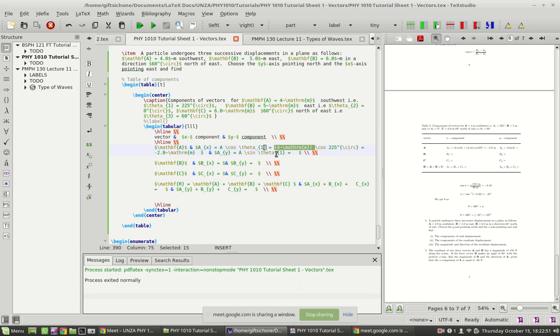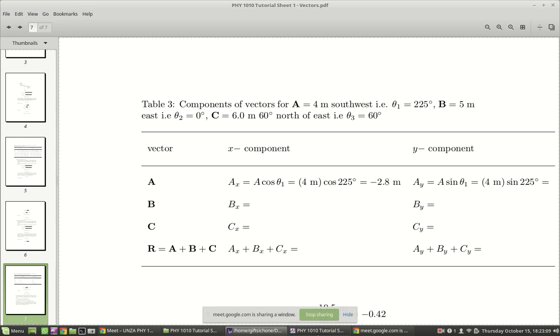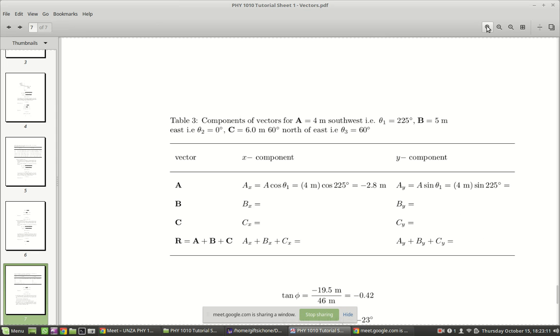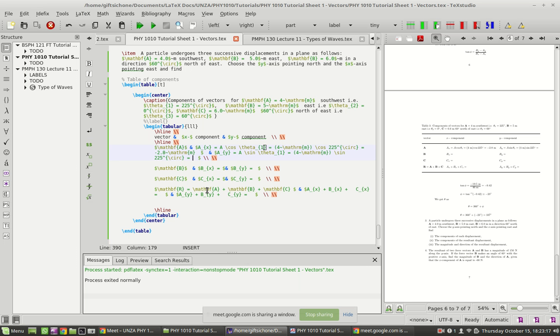And the angle it makes with the positive x-axis is how much? 225. And how much do you get for 4 meters times sine 225? Negative 2.8 also.